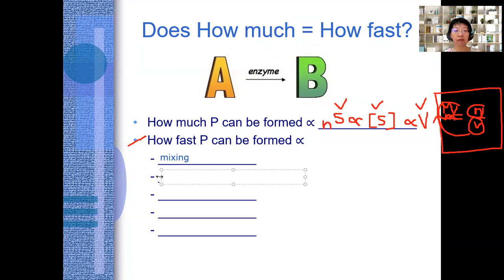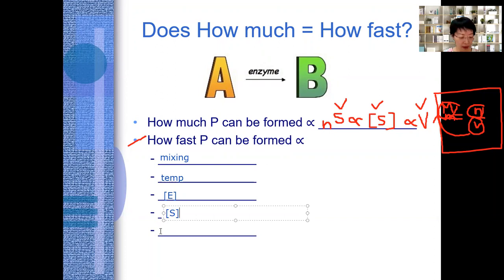Gan Yuhan. The temperature. Very good. What else, Rebecca? Enzyme what? Enzyme concentration. Yes, very good. Some more. Tan Jia Ying. Concentration of substrate. Very good.